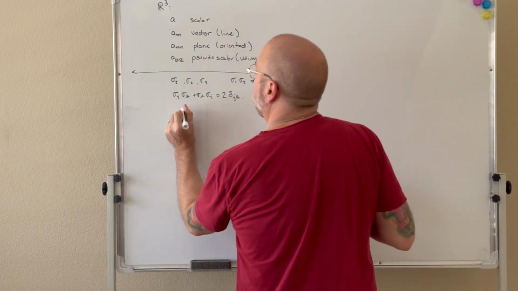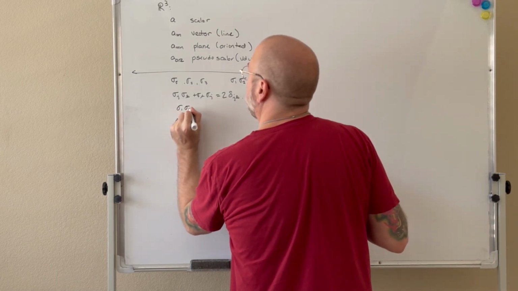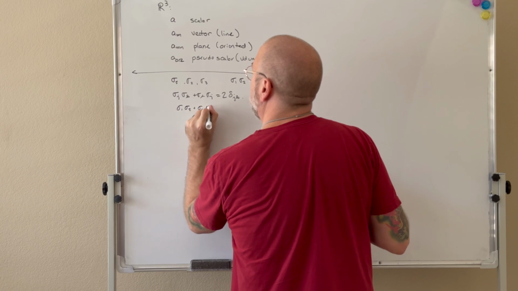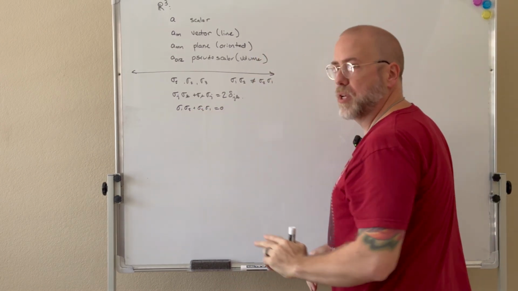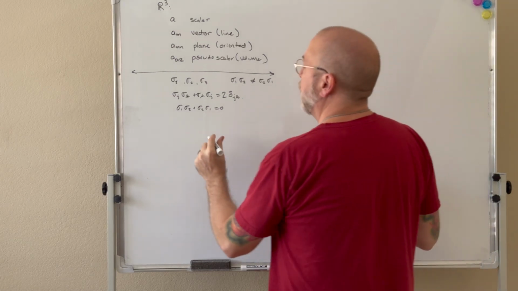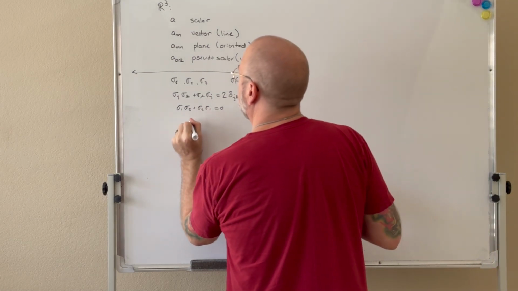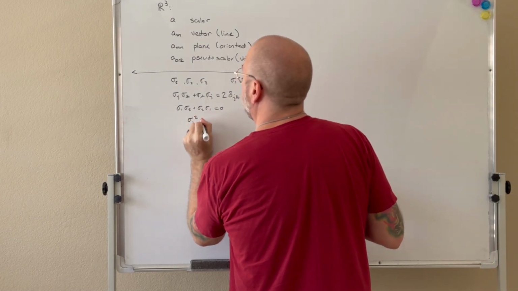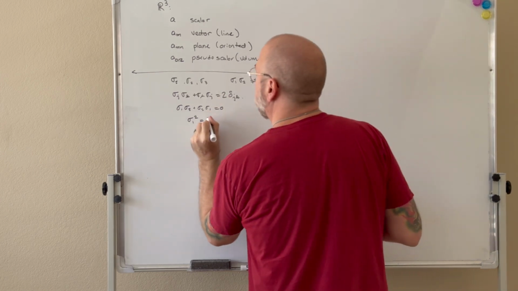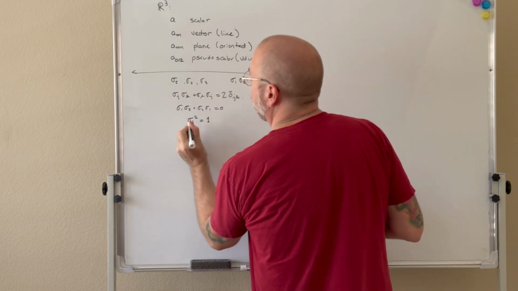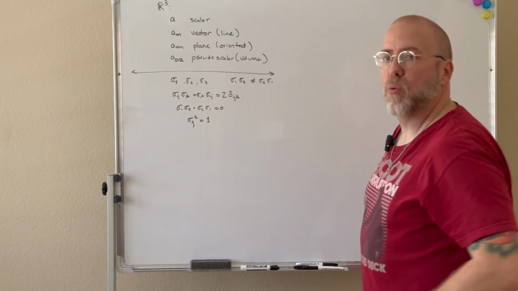As an example, sigma 1 sigma 2 plus sigma 2 sigma 1 is going to be 0. And this is true for any two indices that are not the same. When they are the same, sigma 1 squared, you get it twice, so the 2 drops, and this is the Kronecker delta, so this is just 1. That's true for all 3 of these. So when you square them, you get 1.